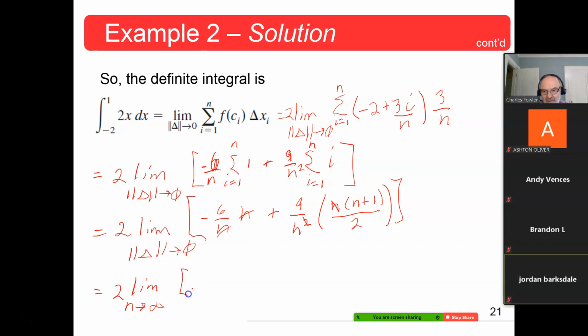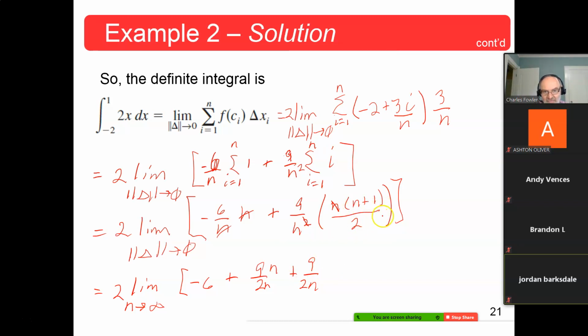Okay, now this will be a minus 6, that's taken care of, plus 9 halves, we can take care of that, times let's do 9 halves n, oh wait, I forgot the n down here. 9 halves n plus 9 halves, 9 over 2 n, this 2 and that n, times 1.